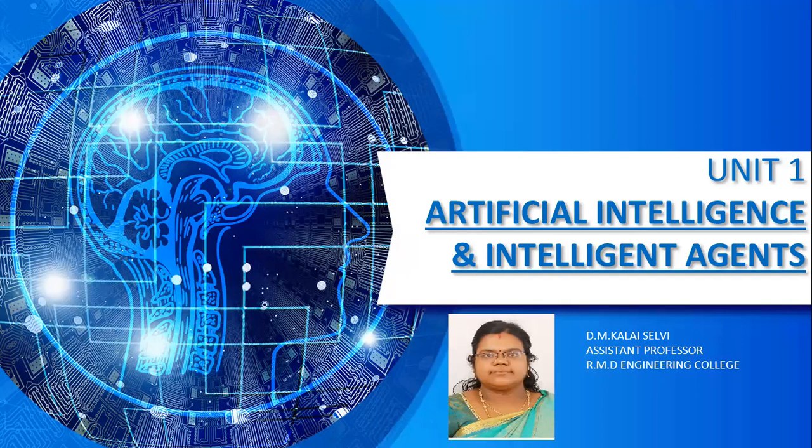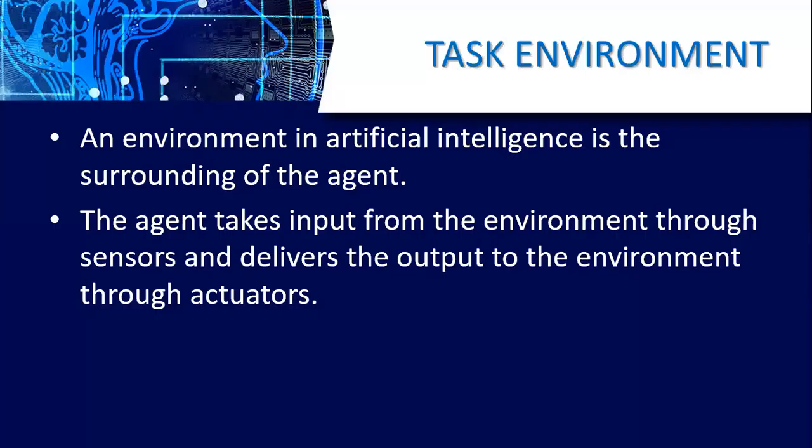Now we are going to see about artificial intelligence and intelligent agents. Before seeing in depth about the task environment, we are first going to see what is meant by an AI agent or artificial intelligence agent. We can say the agent is a replacement of a human being.